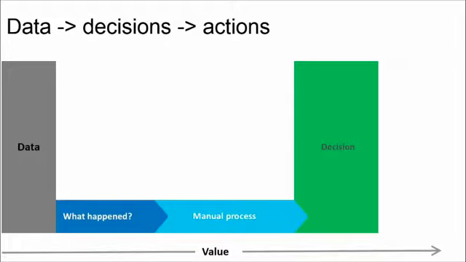So across the bottom, these blue arrows show sort of an old-fashioned way this worked. We would look retrospectively, maybe in a BI tool or with some spreadsheet analysis, at what happened. And then through a manual process, we'd consider various possible scenarios for decision, perhaps, and then finally come up with a course of action.